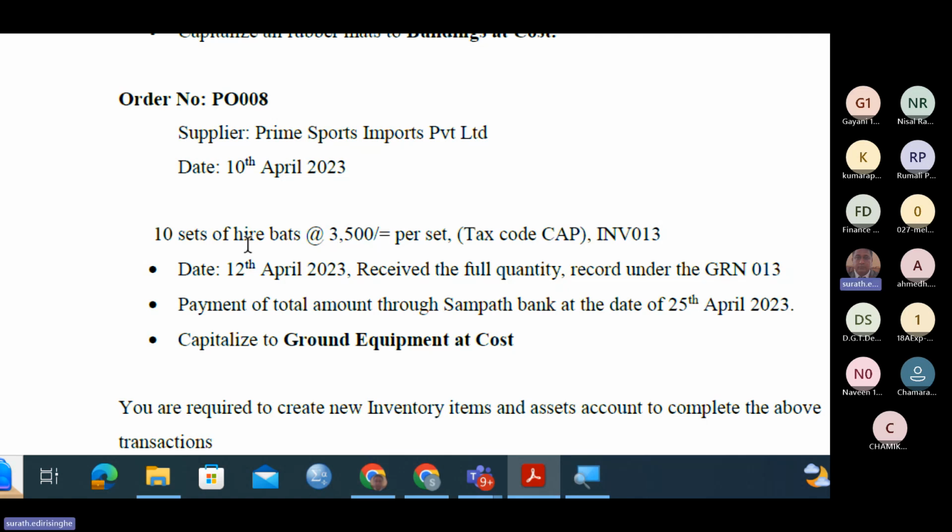The indication given in this transaction is that you are required to create a new inventory item. New inventory item means hire bats item.